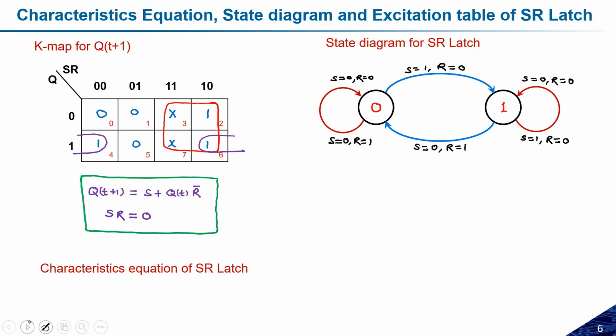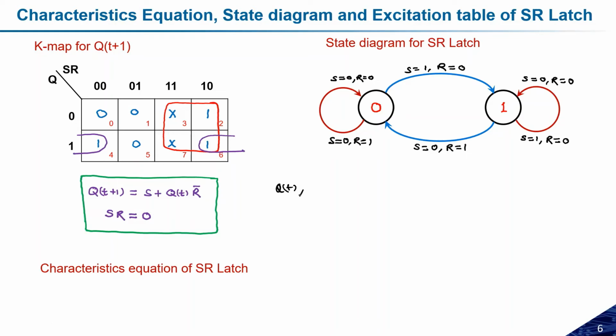The excitation table indicates the status of the past value, the present value or the next value, and based on that, what will be S and R. So we have to come up with the values of set and reset inputs based on the past and present, or present and future.